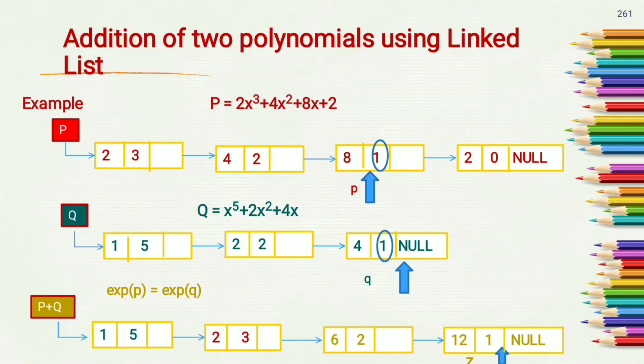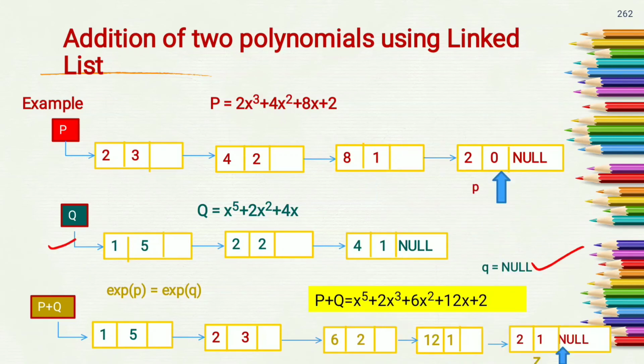Now we have to again move the pointer P to the next node and move Q to the next node, but the address of the next node is null, so the value of Q becomes null. That means this linked list is completed and only one node is available in the P linked list. So as this linked list is completed, we just copy the P node into the Z node.